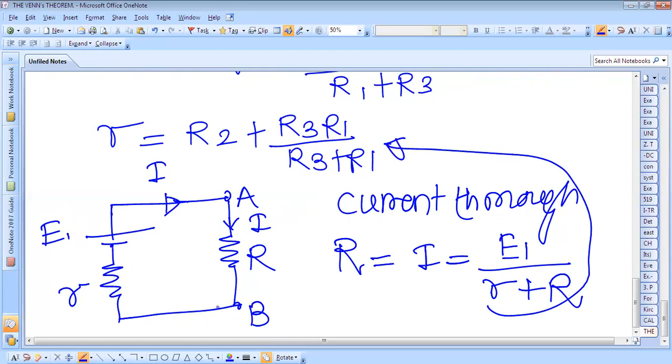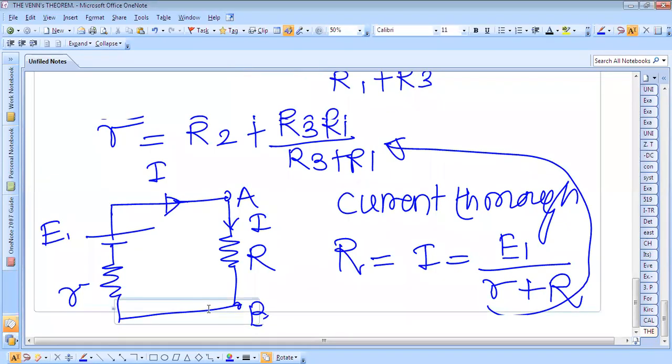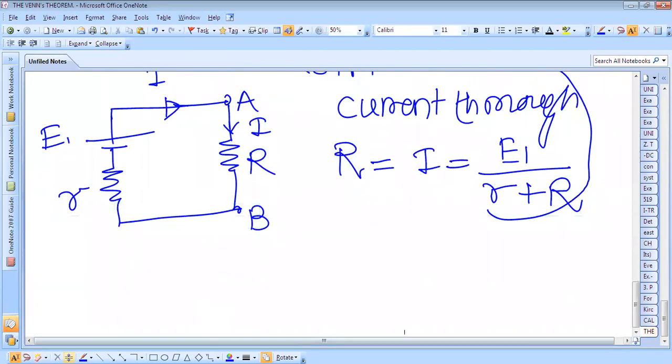In this way we develop the Thevenin's network. This is called the Thevenin's equivalent circuit.